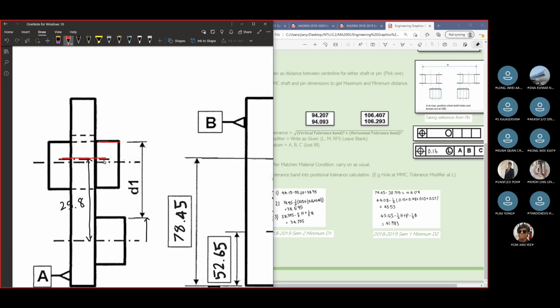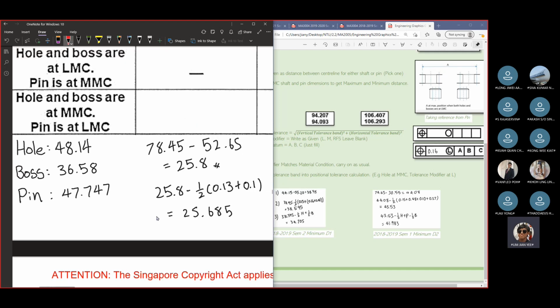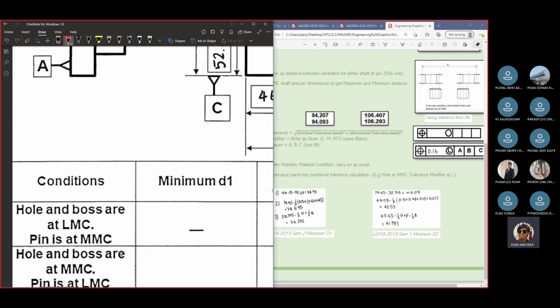So you have to go down, then you go up. For the bottom, you go up. So you don't take 25.8, you take the value there, 25.685.